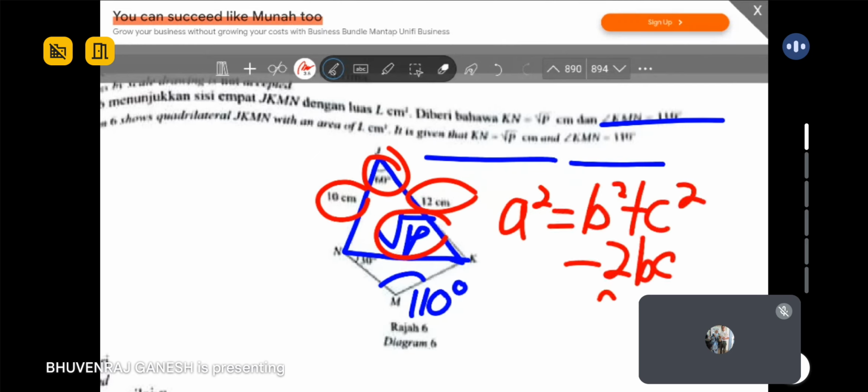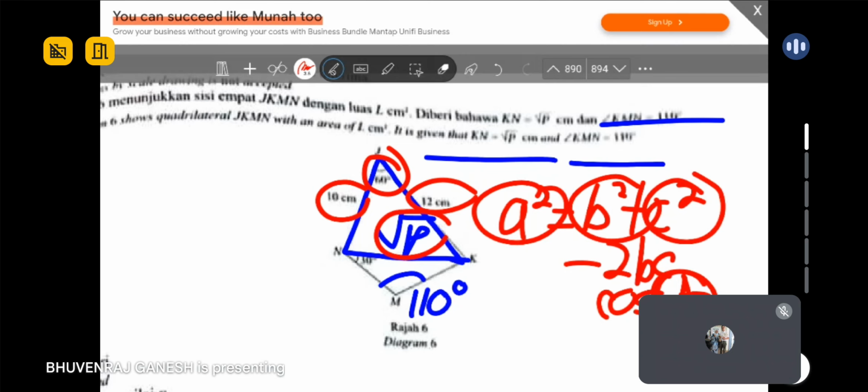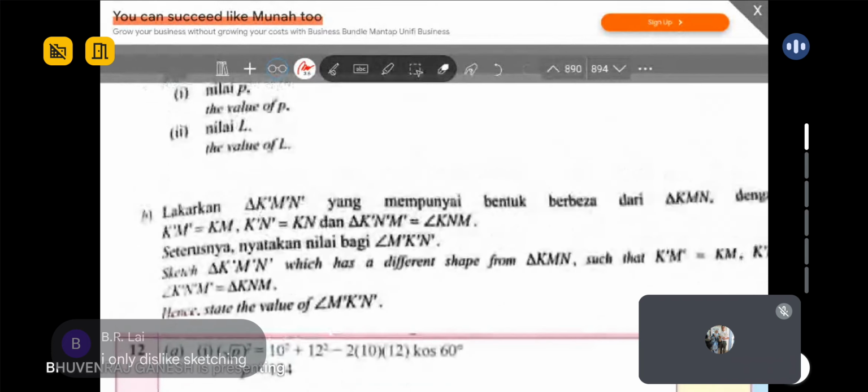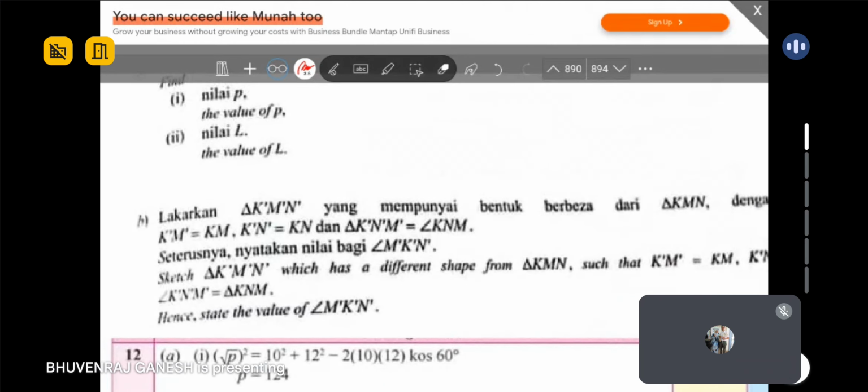This is your cosine rule. So guys, look. One angle, 3 lengths. So you can use this formula. This is how you choose guys. Okay? So you can substitute all the values, press the calculator, and get the answer. Okay, so your P value is equal to 124.